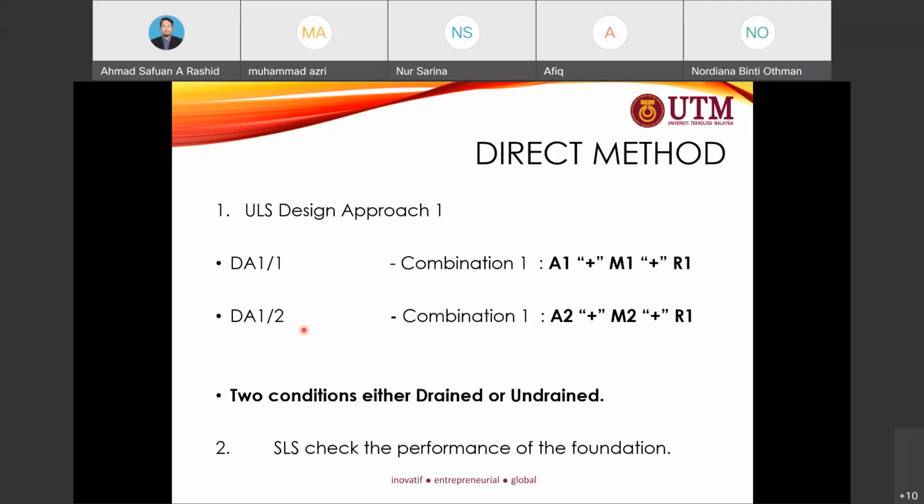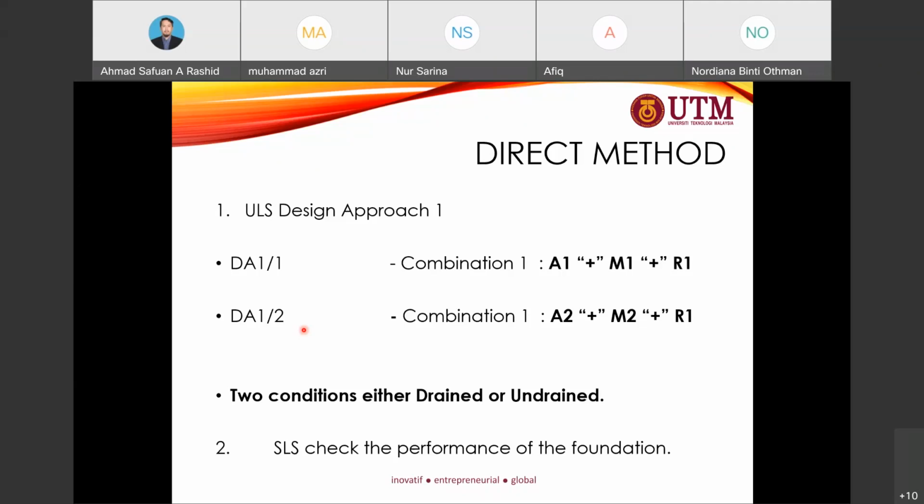The difference between EC7 and the British standard is that it differentiates between sand and clay based on the behavior of the soil.